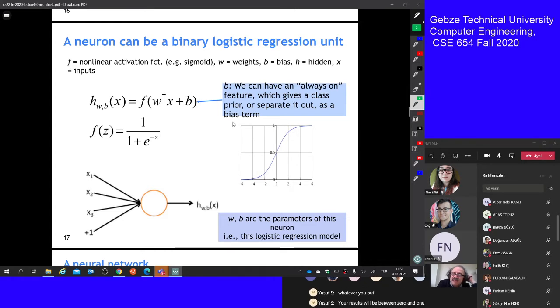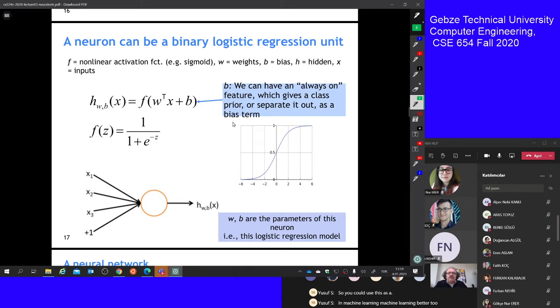That's why some people call this logistic regression, binary logistic regression. So it's a regression thing. It produces a continuous value, but the value is supposed to be between 0 and 1. Logistic regression.